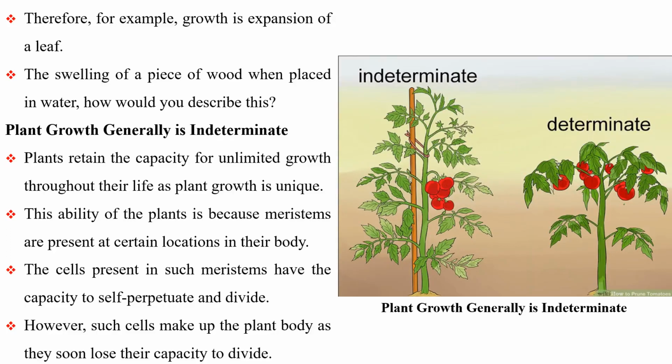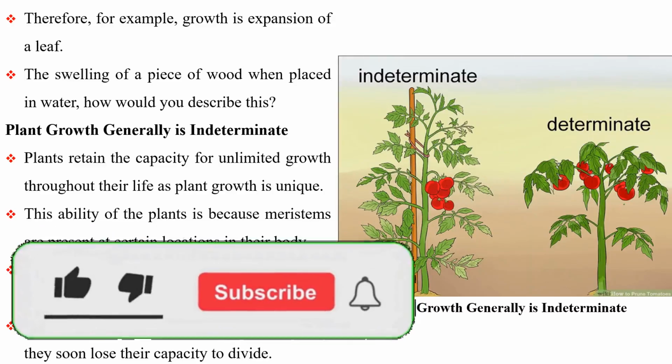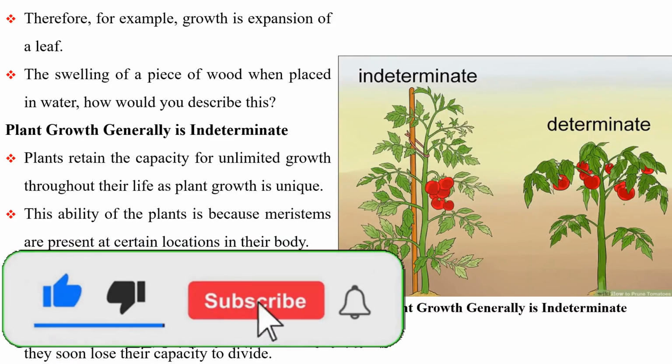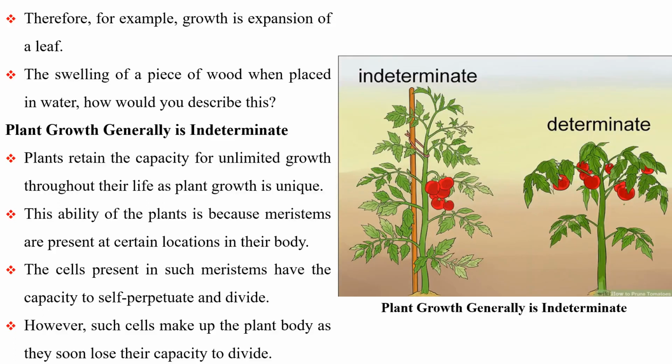Plant growth generally is indeterminate. Plants retain the capacity for unlimited growth throughout their life, as plant growth is unique. This ability of the plants is because meristems are present at certain locations in their body. The cells present in such meristems have the capacity to self-perpetuate and divide.